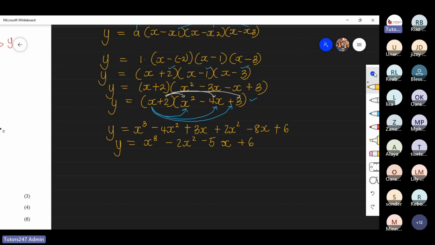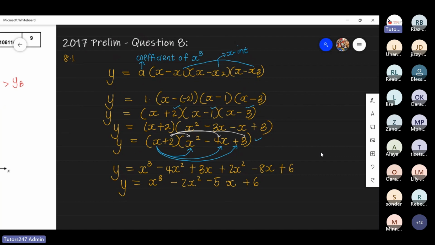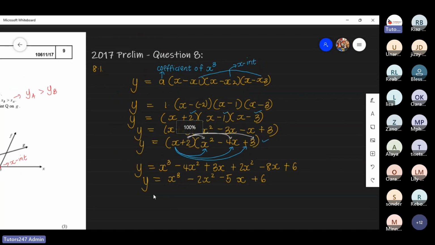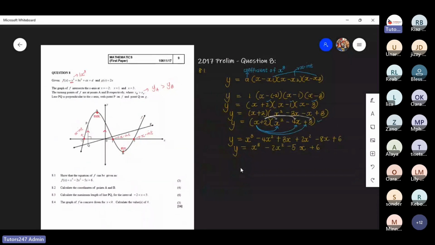Okay, so let's just repeat once more. Because we have all three x-intercepts, we can now use our y equals a times (x minus x1)(x minus x2)(x minus x3) method. In order for you to use that method, you need the coefficient of x cubed and you need all three x-intercepts.